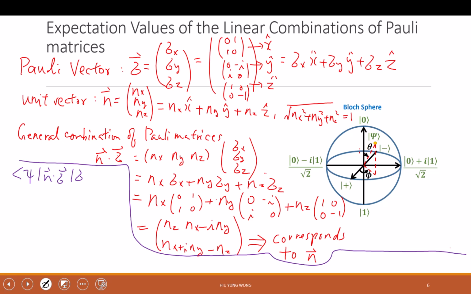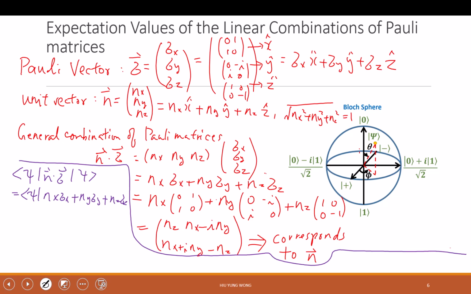Well, you are welcome to do the matrix multiplication, but you can also remember this is just linear. This is just equal to nx sigma x plus ny sigma y plus nz sigma z.